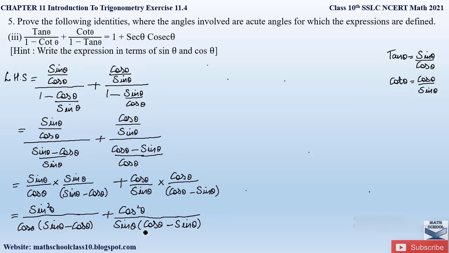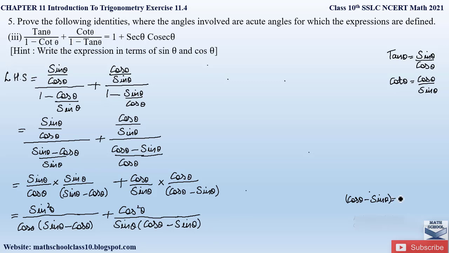So when you observe the denominators, we have cos theta into sine theta minus cos theta, whereas here we have sine theta into cos theta minus sine theta. So let us bring both the denominators the same by taking the minus sign outside, so that we will get here also sine theta minus cos theta. So here we have cos theta minus sine theta.